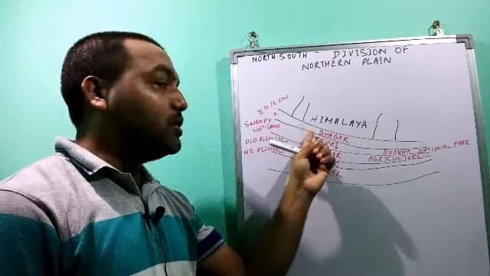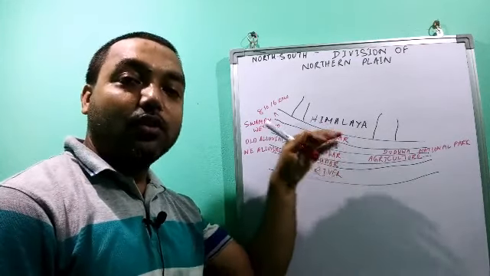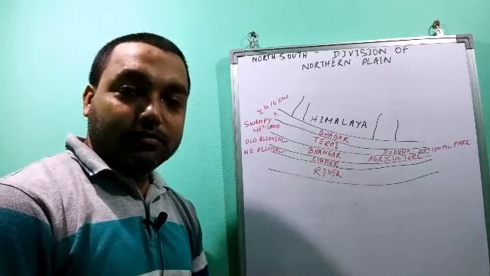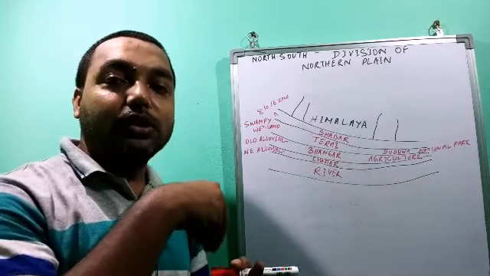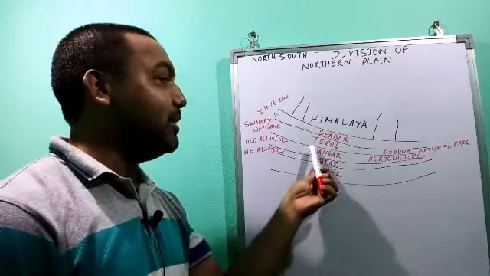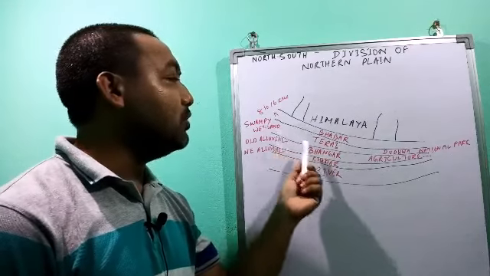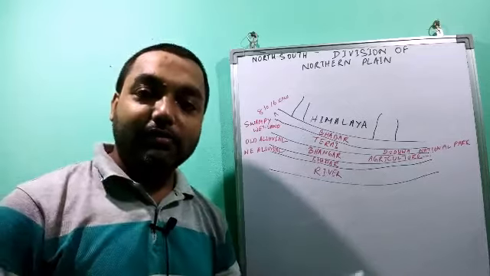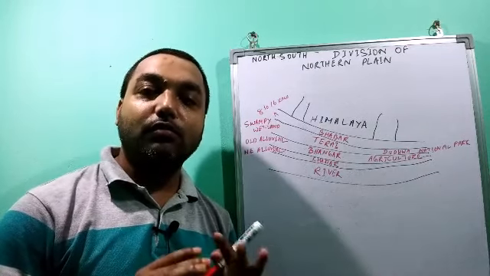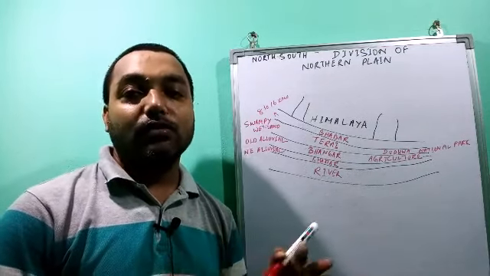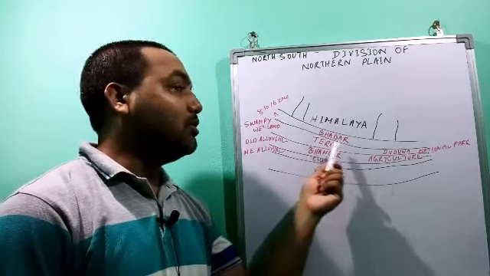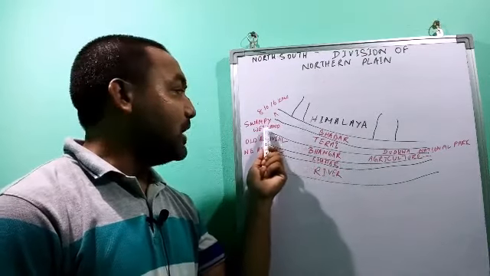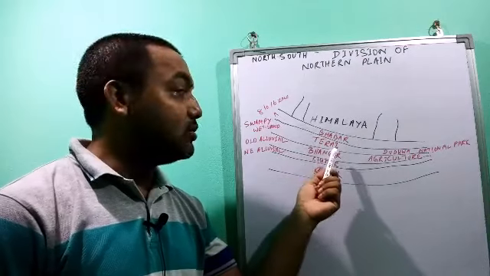After crossing the Bhabar belt, the water that has gone inside due to the pebbles or boulders re-emerges in the next belt and creates a huge amount of wetland or swampy land. Wetland means a huge area of land where water remains for many years. This second belt is known as Terai.